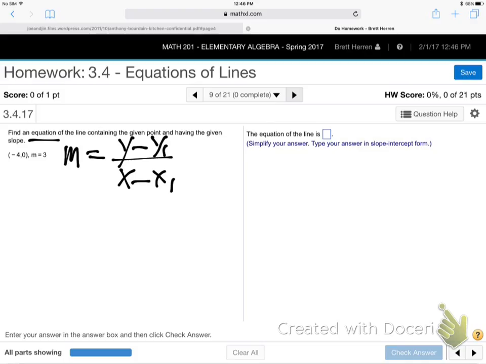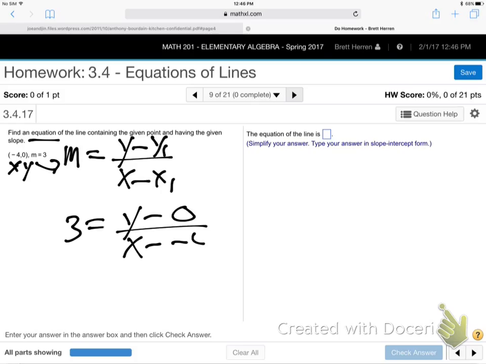Yeah, so for this one, just plug these numbers in the back, plug the slope in the front. Everybody see that? So plug the slope in right here. And what am I going to put in the back? Put the x value behind the x and the y behind the y. So y minus 0 and x minus -4. Double negative again, so it's going to become plus. Everybody see what happens?